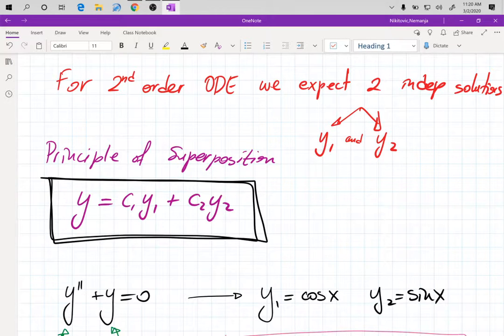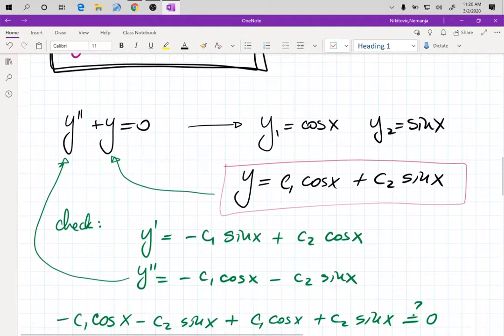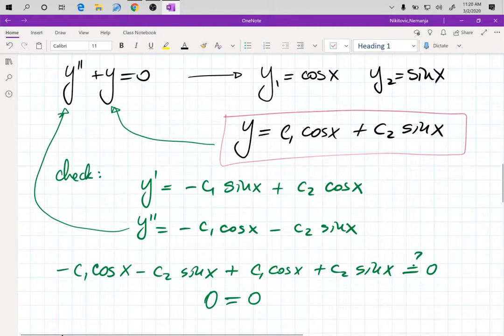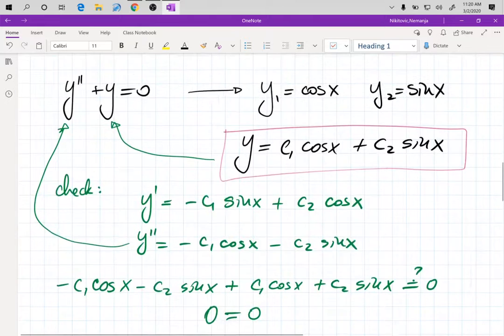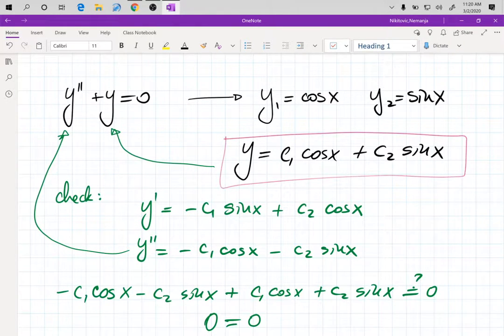Then we show that if you have two solutions, like for this particular equation, which is a wave equation, you would say y1, y2, and then you add them together with c1, c2. We call this the general solution because you have the constants c.